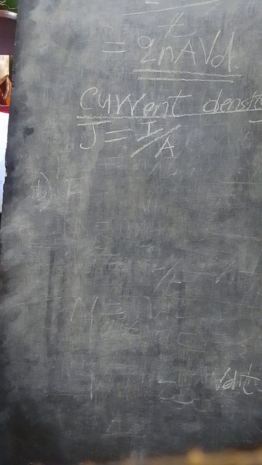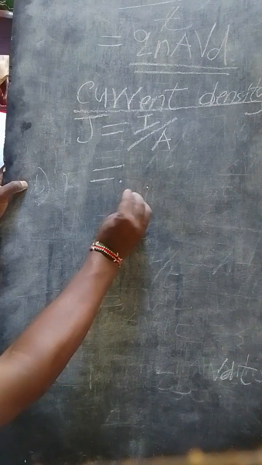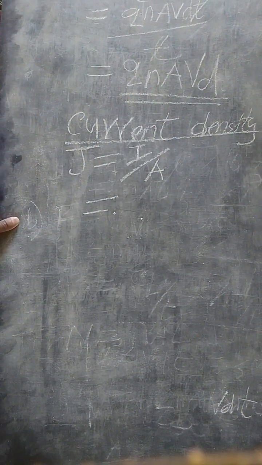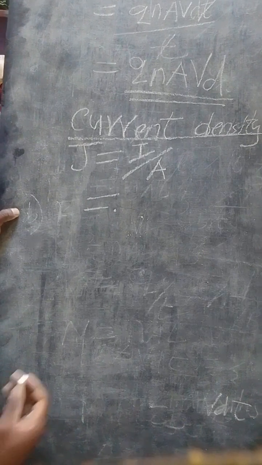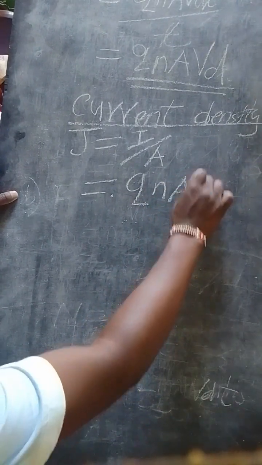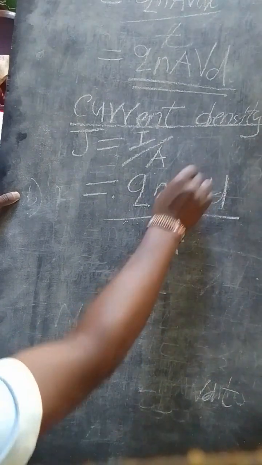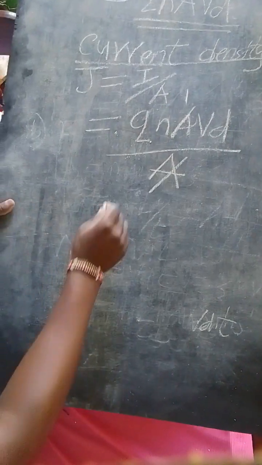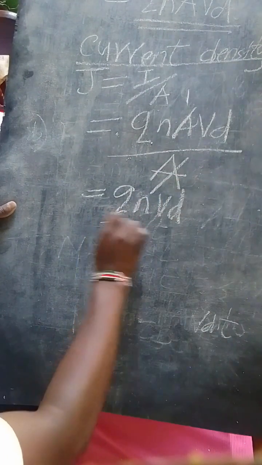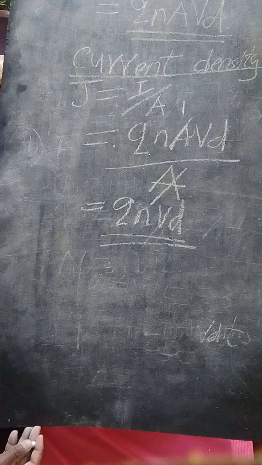The current we said, remember, is equal to Q N A times the drift velocity, so J will be equal to Q N A Vd over the area. So these will cancel out, and we will get Q N Vd. This is the current density for our charge.